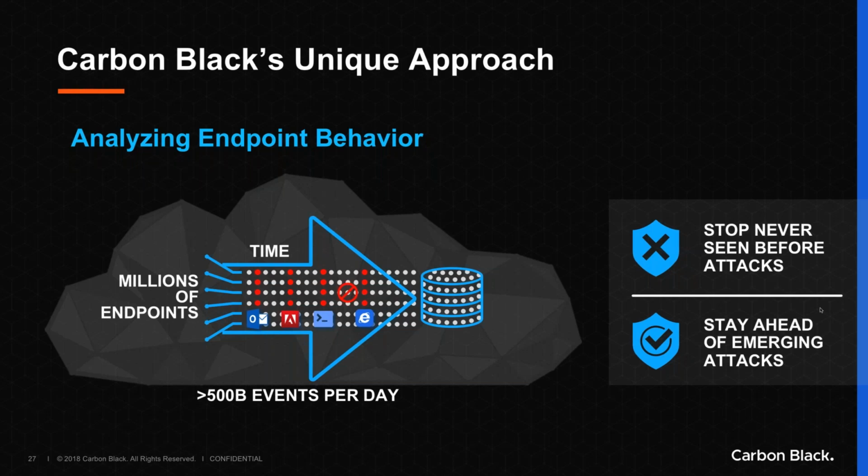So that as we see these attacks coming through and we look at these behavioral models, the endpoint sensor itself knows to stop these before they can actually progress to the point that they're doing real damage to your environment. So we can stay ahead of that emerging attack trend and stop never before seen attacks because we see these behaviors coming and we know to step in and stop them before they do that damage.